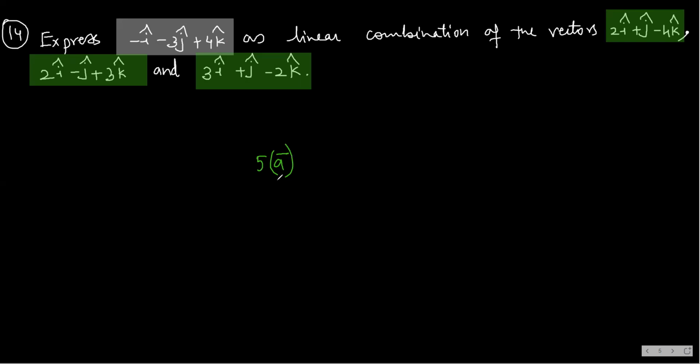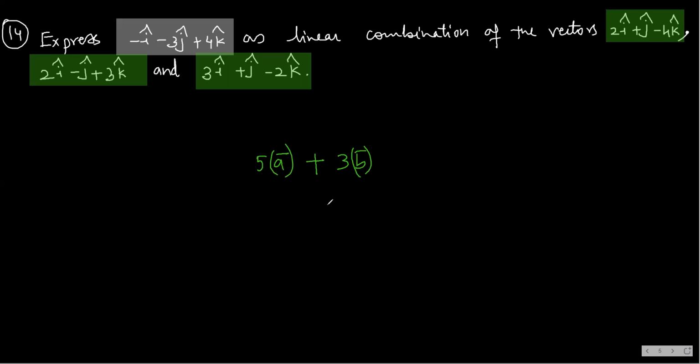So 5 is a scalar and 5a bar is a scalar multiple of vector a bar. If I have 3b bar, b bar is some vector and 3b bar is a scalar multiple of b bar.